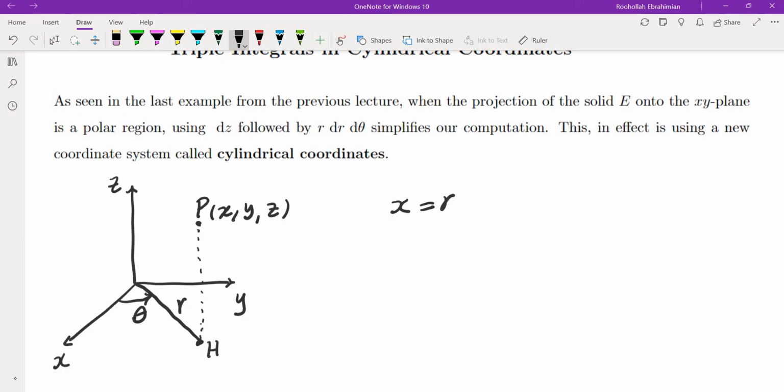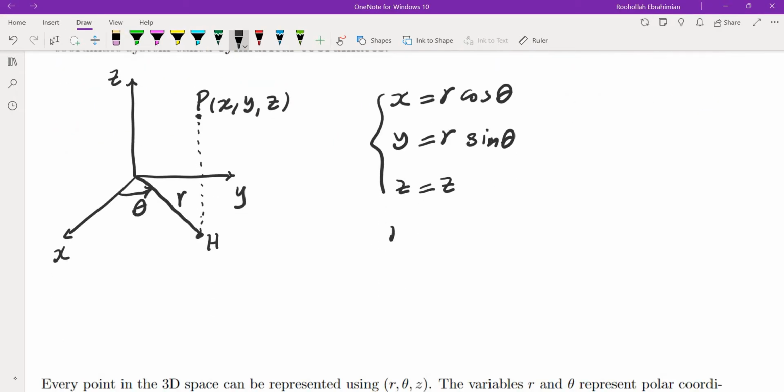So x is r cosine theta, y is r sine theta, and z is the same z as in Cartesian coordinates. r is always greater than or equal to 0. Theta is between 0 and 2 pi. And of course, z could be any real number.